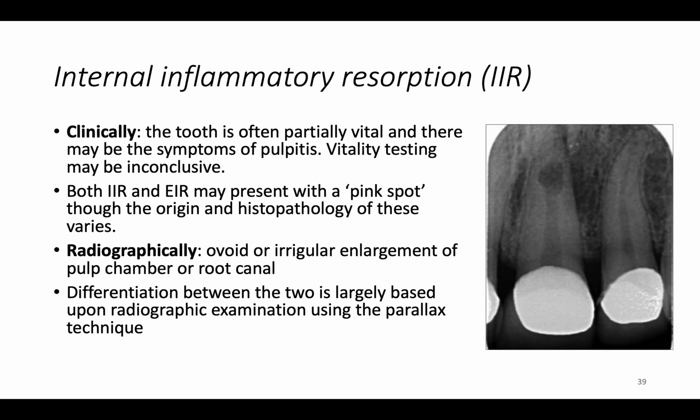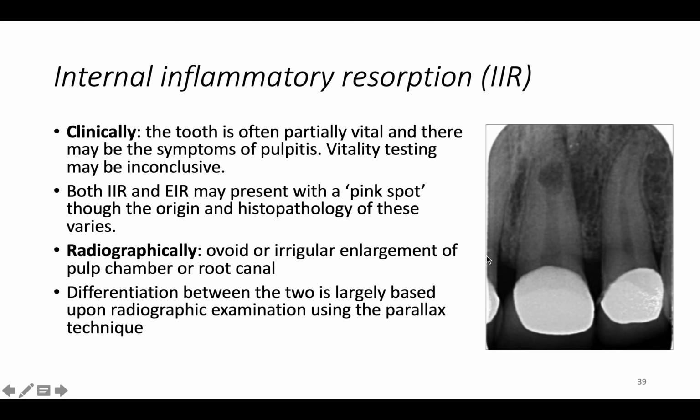On radiographs, you will see an ovoid, irregular enlargement or ballooning of the root canal, and it can be differentiated from the external inflammatory resorption using the parallax technique. So, in the internal inflammatory resorption, the root canal itself is enlarged.